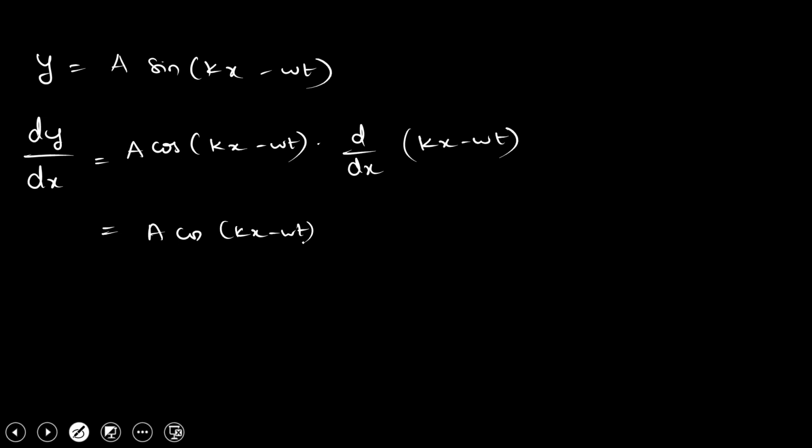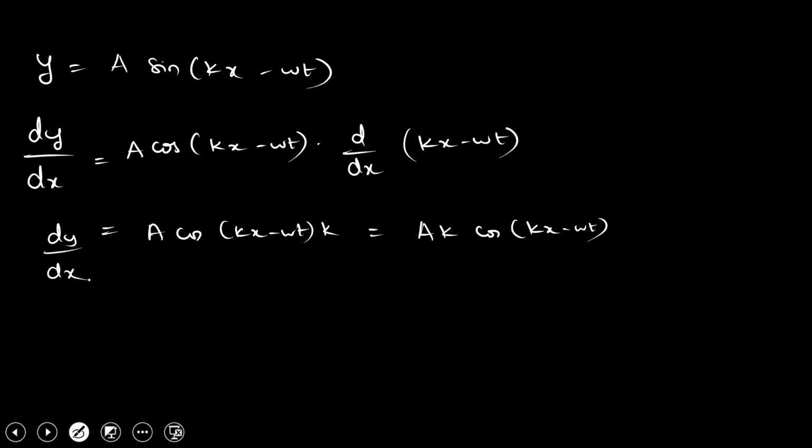I told you, when you're differentiating with respect to x, t is taken as a constant. So the derivative of kx will be k, minus the derivative of omega t will be 0. So you will get k here. Alright, so this is going to be k into cos of kx minus omega t, and this is going to be dy divided by dx. The first point we noted.